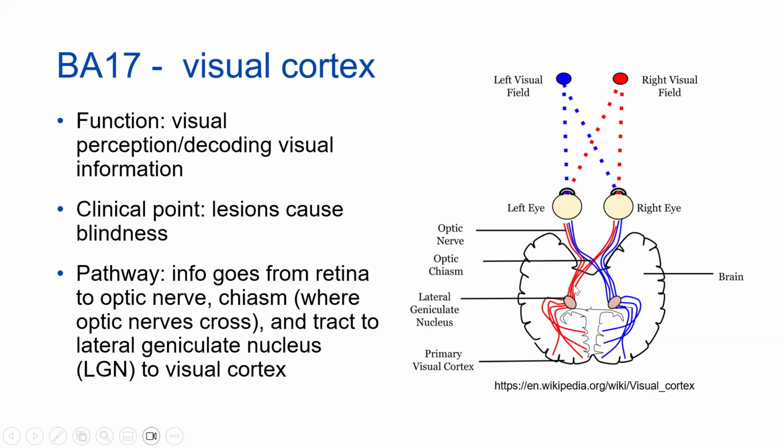Then from the optic chiasm, information gets to the lateral geniculate nucleus, or LGN, and this helps to decode the information. And then from the LGN to the primary visual cortex. I also want to point out that LGN is for visual information. It is not to be confused with the MGN, or medial geniculate nucleus, which is for auditory information.